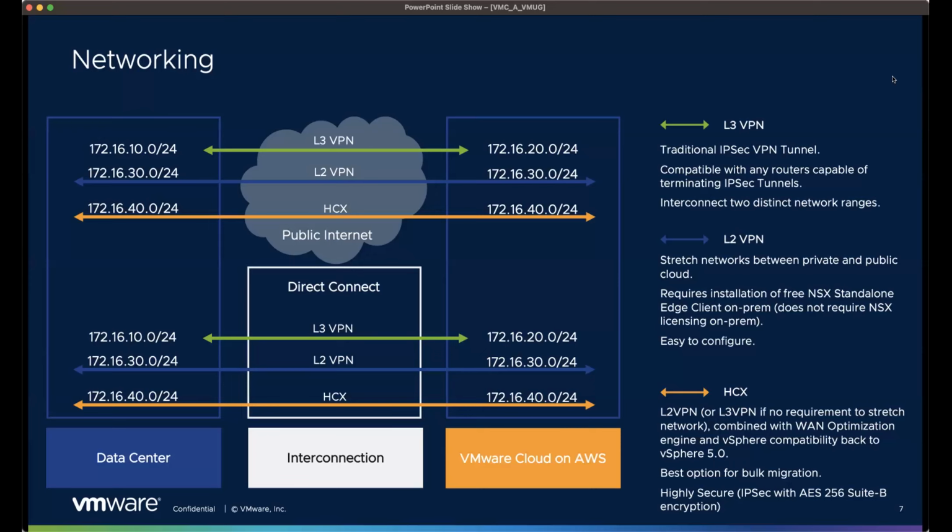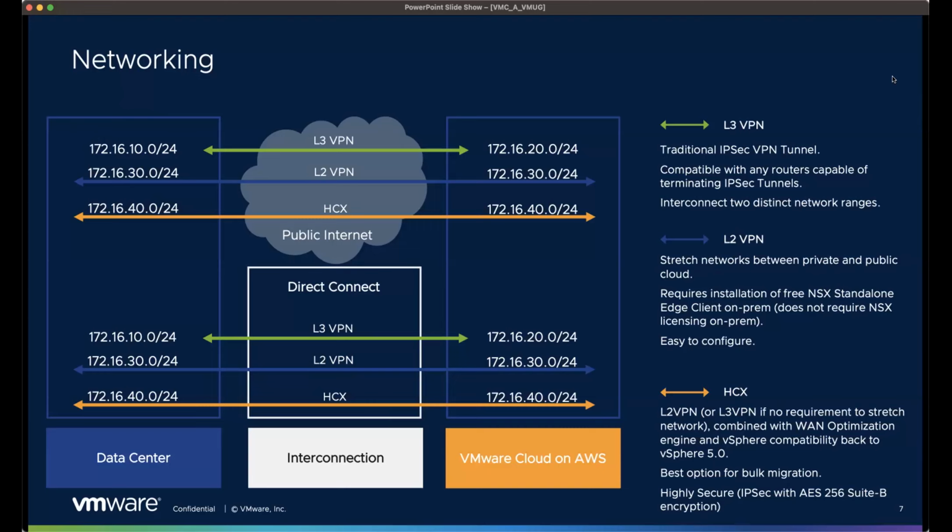But with HCX, we can actually do both. We can leverage layer 3 VPNs for workload connectivity once they are migrated, but we can also use HCX to stretch layer 2 domains into VMC on AWS. This comes with some obvious advantages.